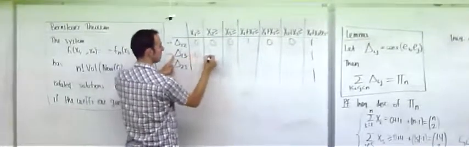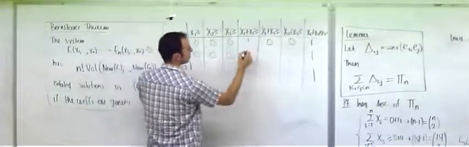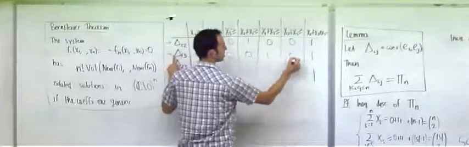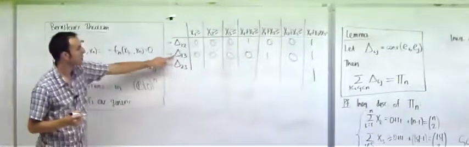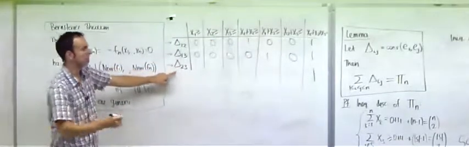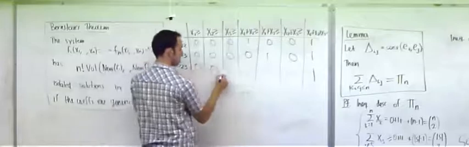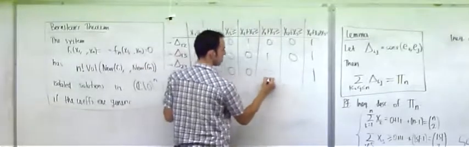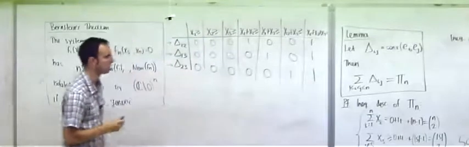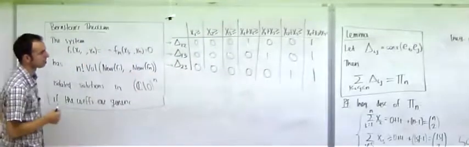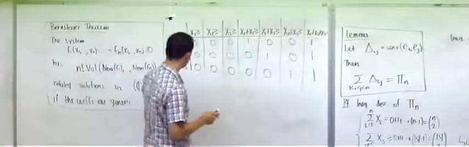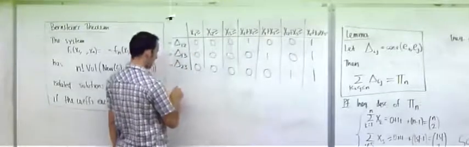So I get 0, 0, 0, 0, 1, 0. What about to describe delta 2, 3? Again, they're all zeros unless the 2 and 3 are both contained in the inequality. Okay. Now what about pi 3?